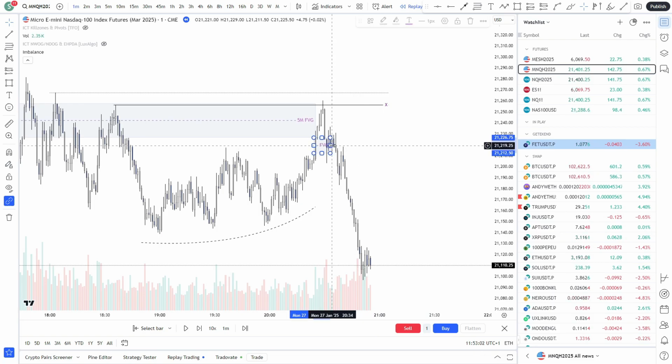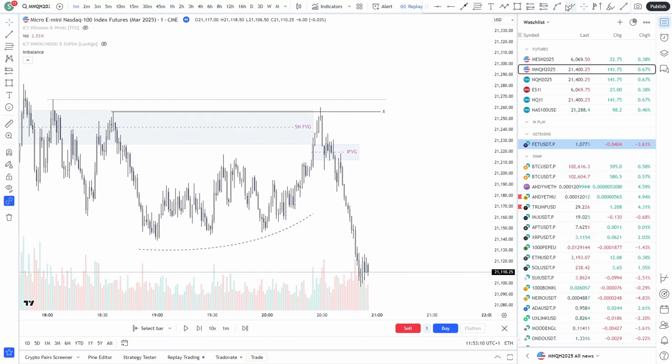As you can see, before we lose this fair value gap, we made a high over here, which caused more acceleration to the downside instead of making a higher low for the new move to the lunch high eventually. So that also didn't happen and gives me a better stop loss placement.